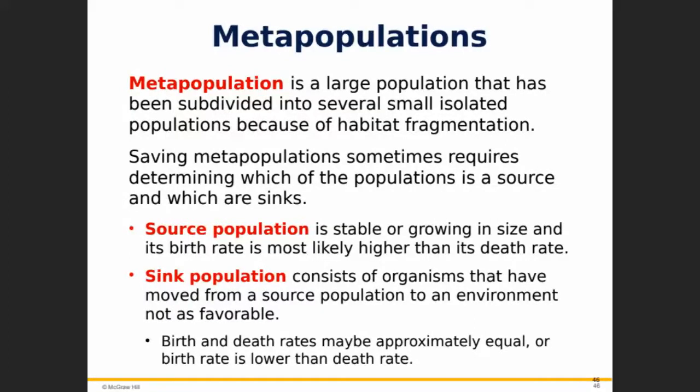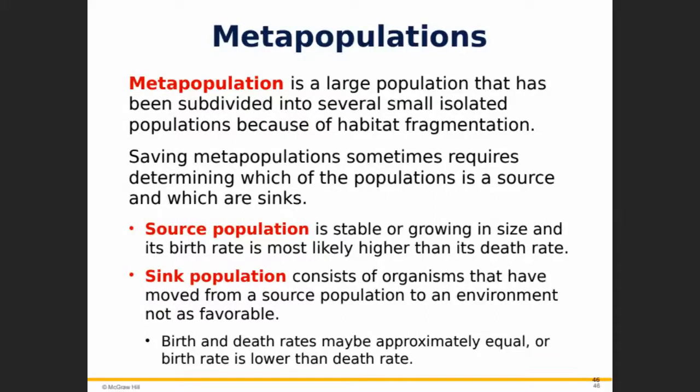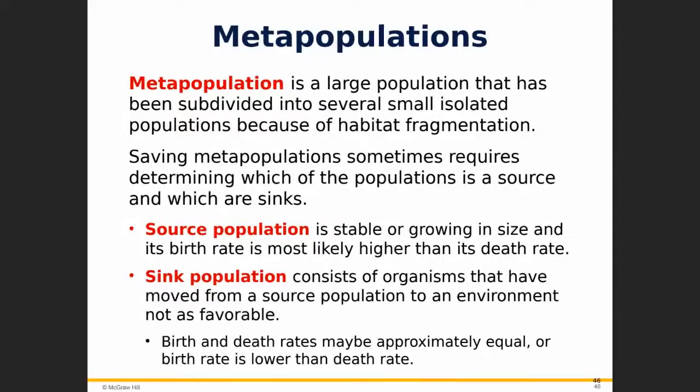Saving the meta-population sometimes requires determining which of the populations are sources and which are sinks. A source population, what is it? It is one that is stable and growing in size, producing an excess of individuals. Often its birth rate is higher than its death rate.